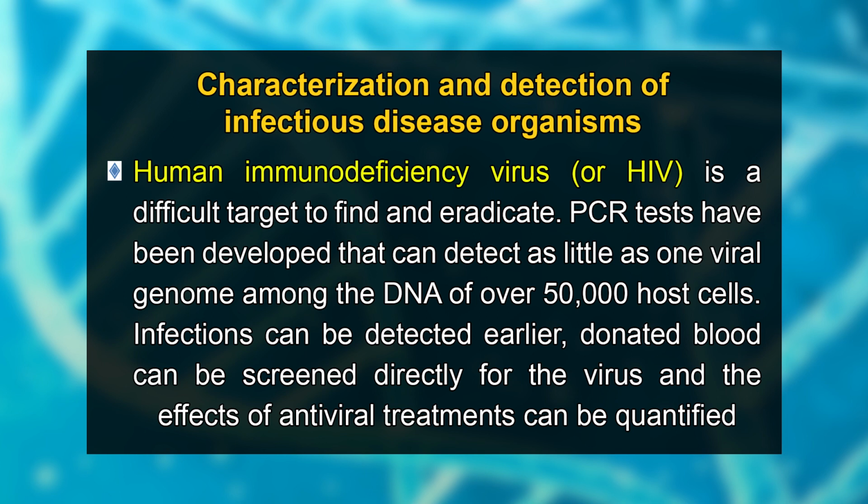PCR tests have been developed that can detect as little as one viral genome among the DNA of over 50,000 host cells. So infections can be detected earlier, donated blood can be screened directly for the virus, and the effects of antiviral treatments can be quantified.